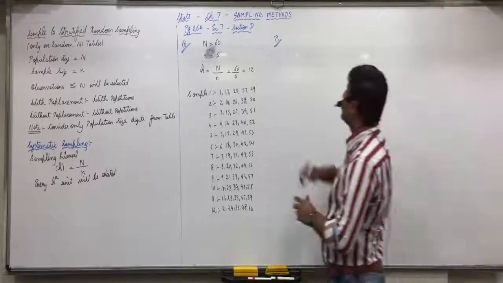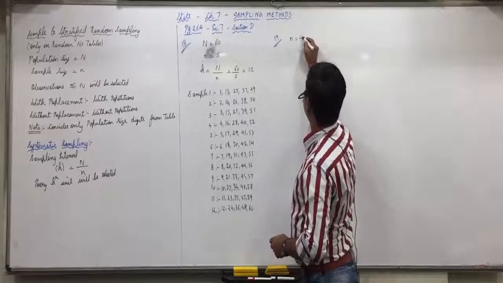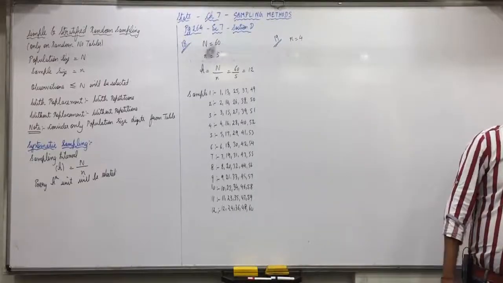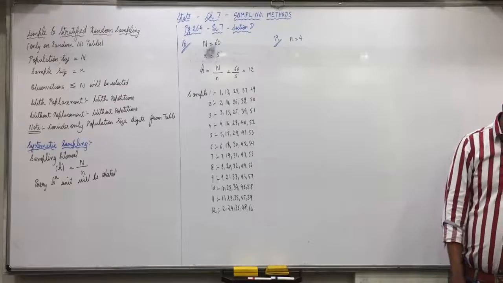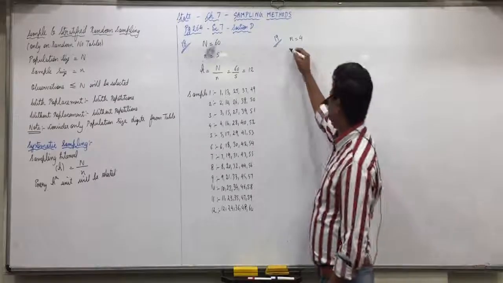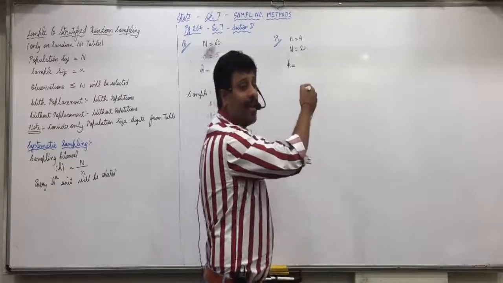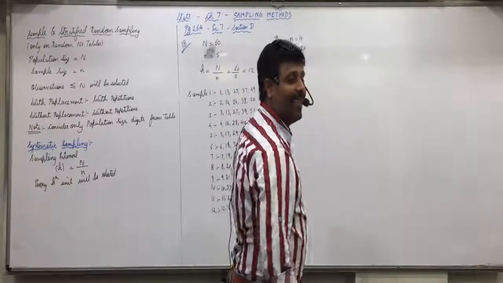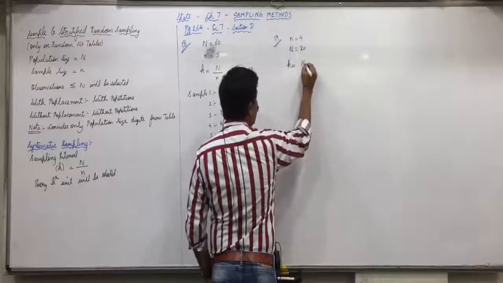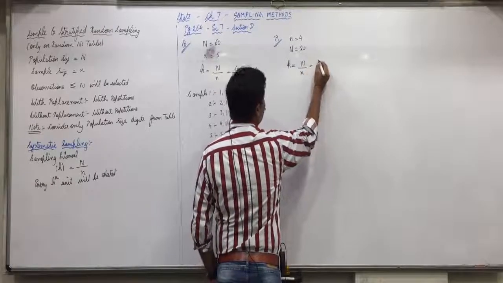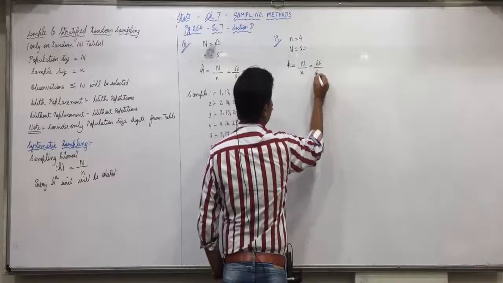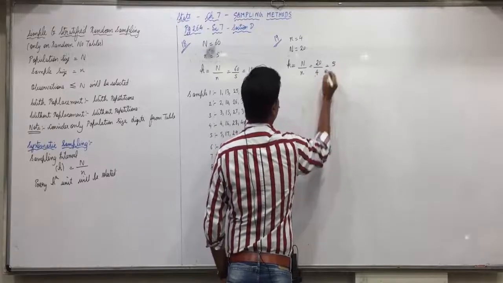What is that? Small n. Using systematic sampling from a population of 20 units. Capital N. Yes, that's good. Capital N upon small n, that is 20 by 4, which is 5.